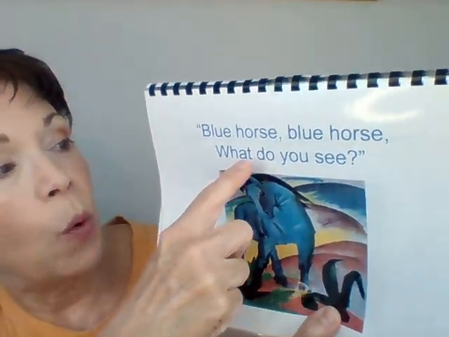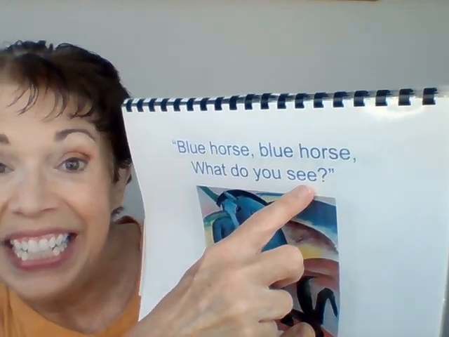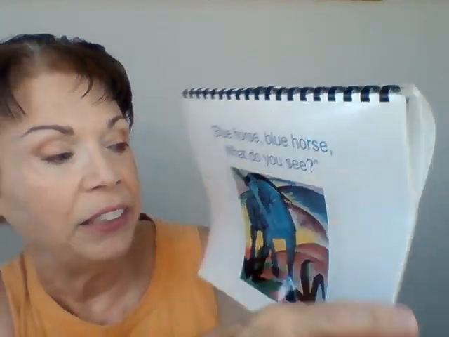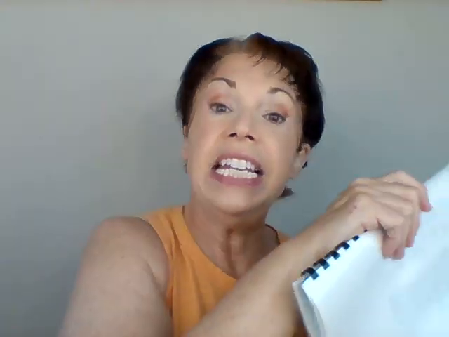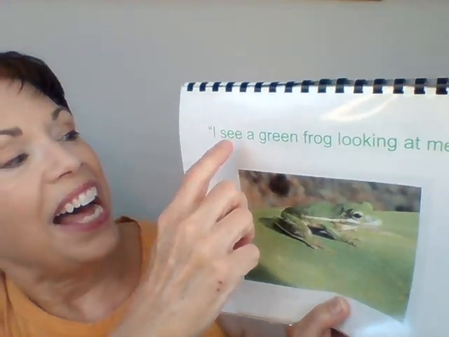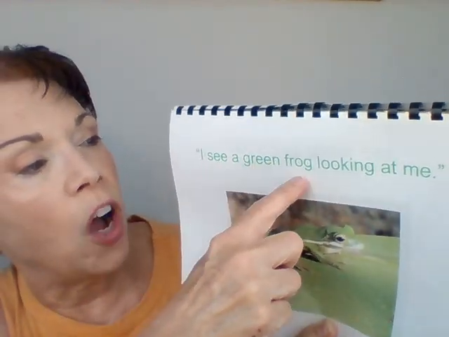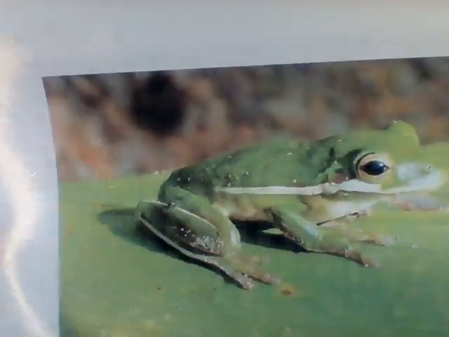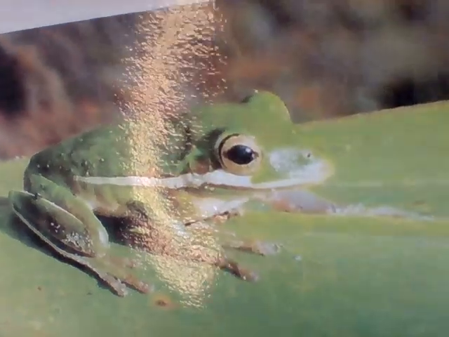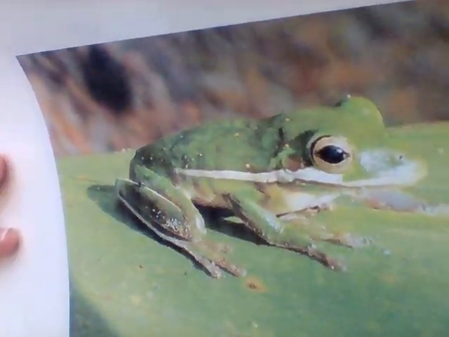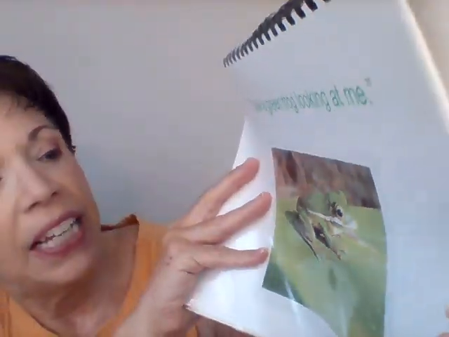Blue horse, what do you see? There's that question mark again. And he says, I see a green frog looking at me. Let's look at that photograph. Yes, that definitely looks like a real green frog. And I think he's sitting on a lily pad.